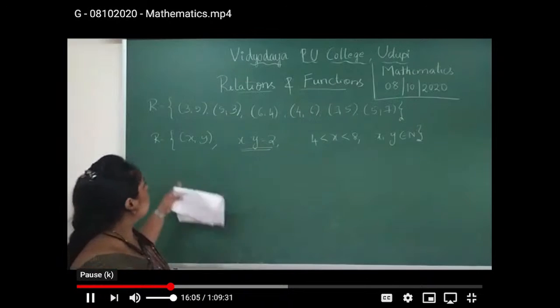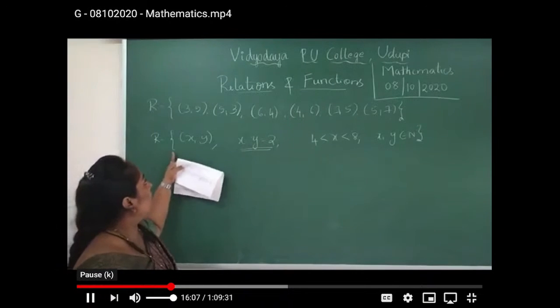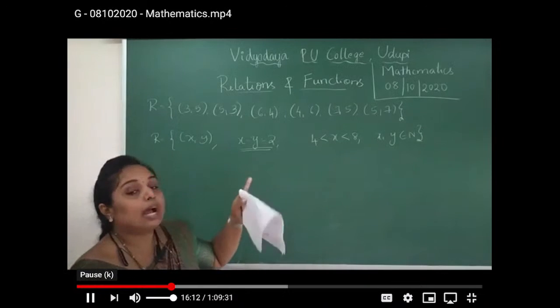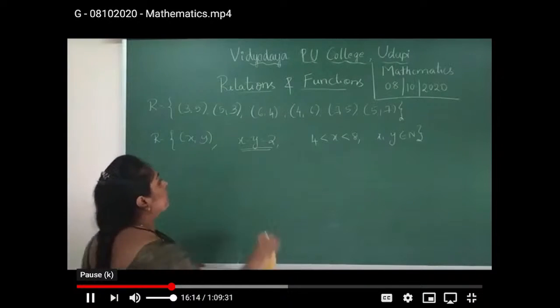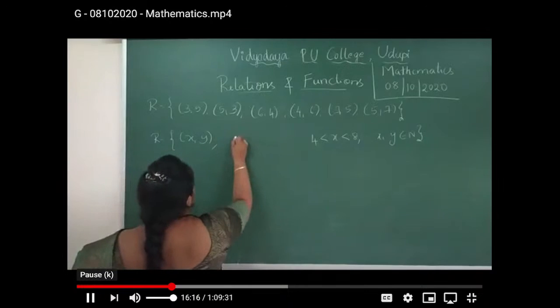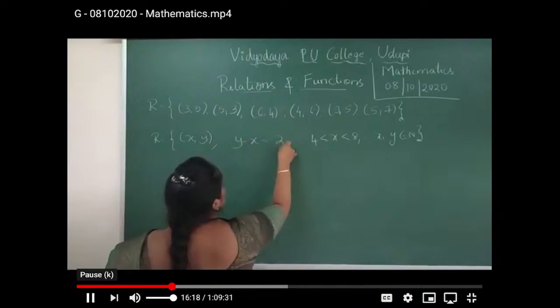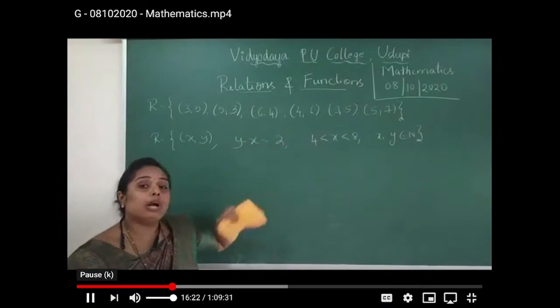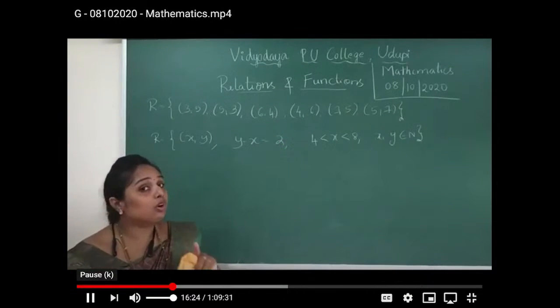In the second option, it is given R is equal to ordered pairs x comma y such that y minus x is equal to 2, and the rest is all the same. Can I tell y minus x is equal to 2? Not always.